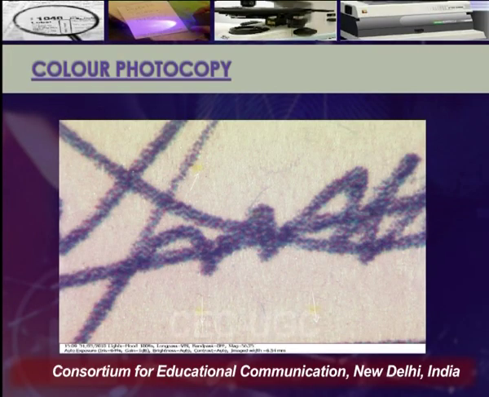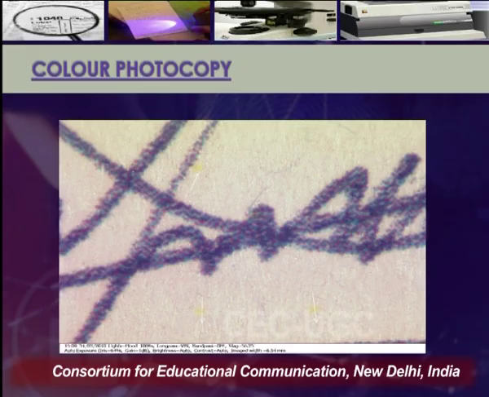In a color photocopy, there are certain yellow dots present, and these yellow dots help us identify that the original document has been made by color photocopying.